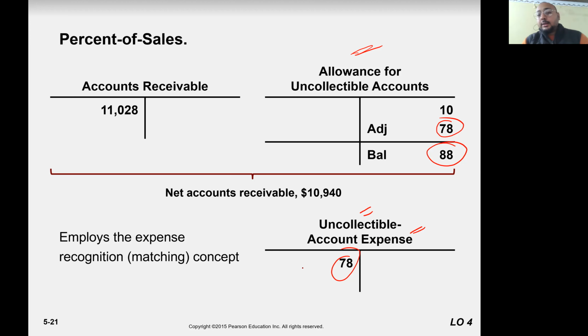So what is the amount that will be shown on accounts receivable, net of the allowance? 11,028 minus 88. The answer is going to be 10,940. All right. So now anything bad that happens will affect this allowance, but the net remains the same.